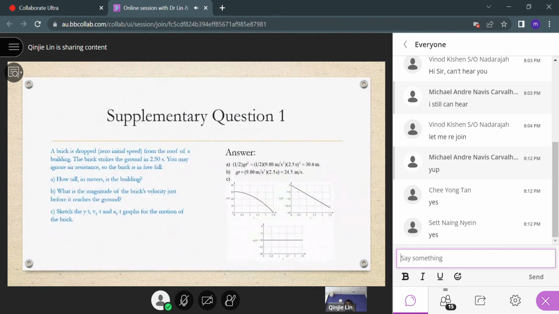Okay, then after this are just supplementary questions for you all to go and read on your own. Any questions so far for this part?